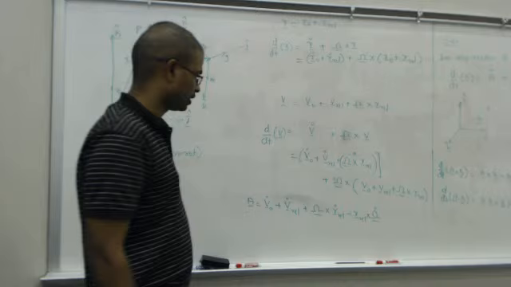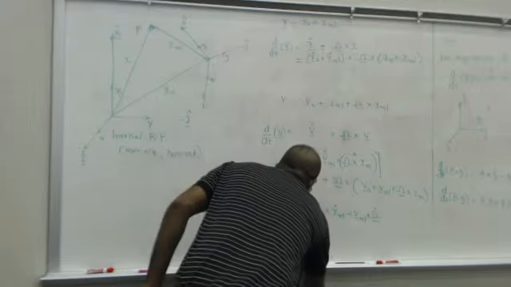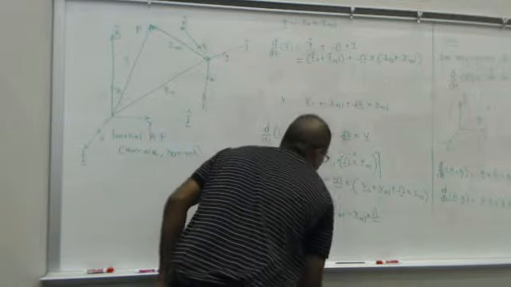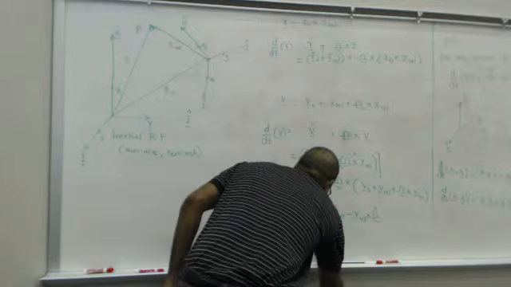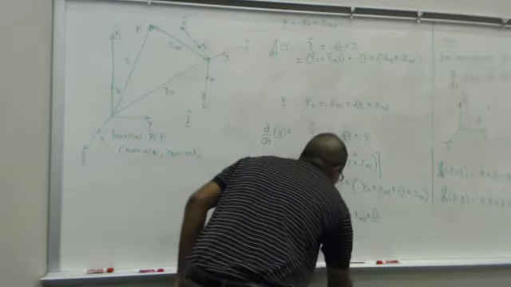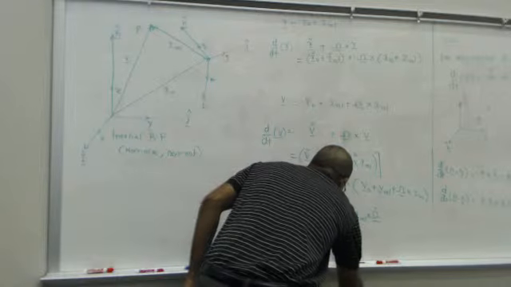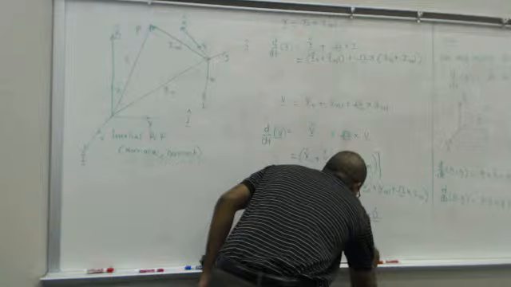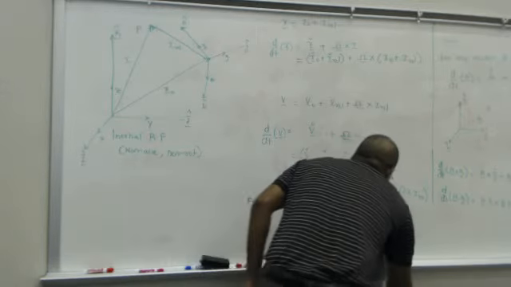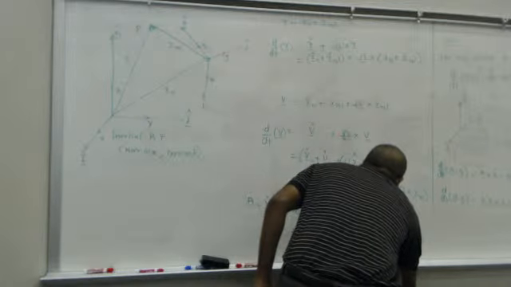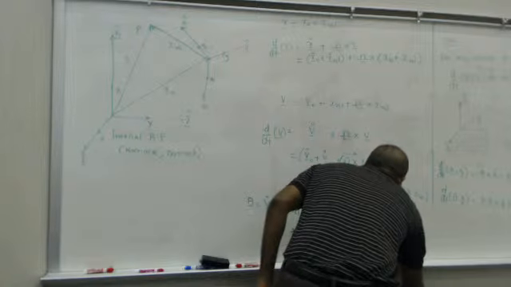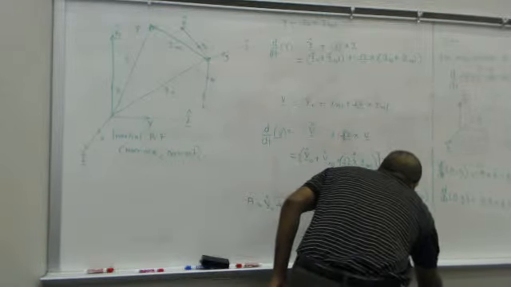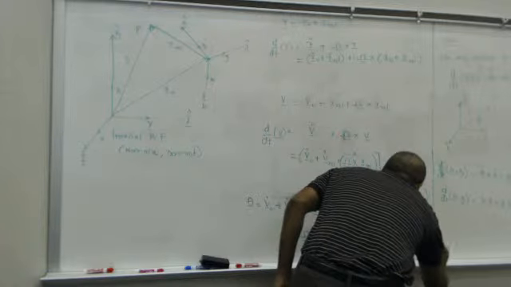Okay. Plus omega cross with omega, plus omega cross with v relative, plus omega cross with omega cross with r relative.